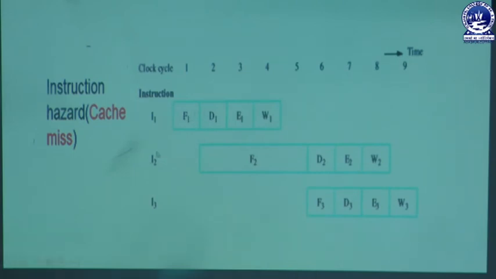When instruction 2 is fetched, let us say the instruction is not present in the cache memory, so it is a cache miss. In that situation, the instruction has to be fetched from the main memory, and the instruction fetch unit must now suspend any further fetch request, let's say the fetch request of instruction 3, and wait for I2 to arrive.